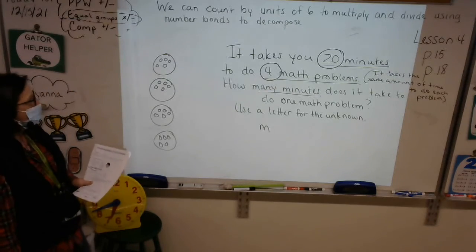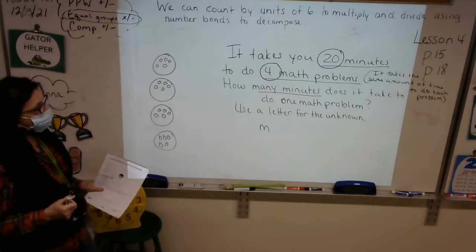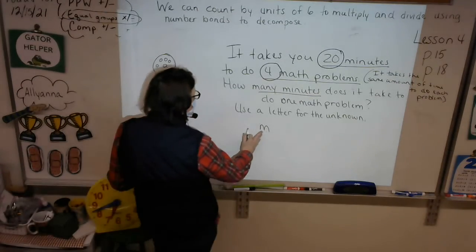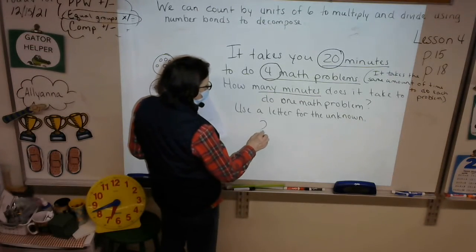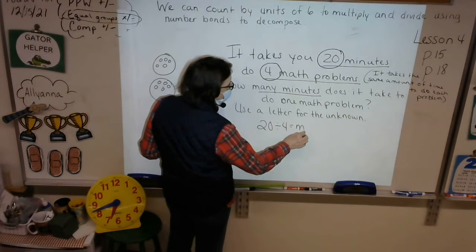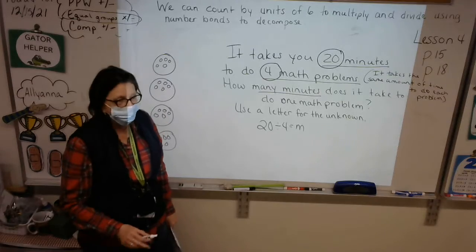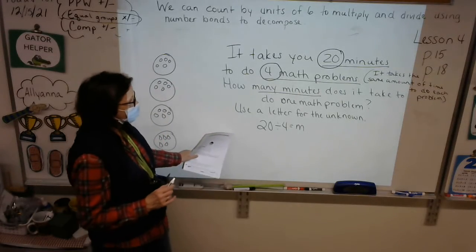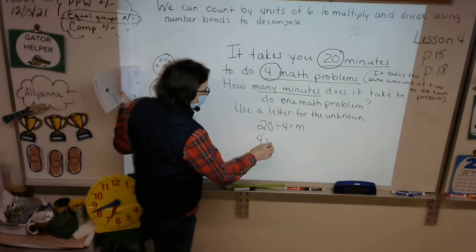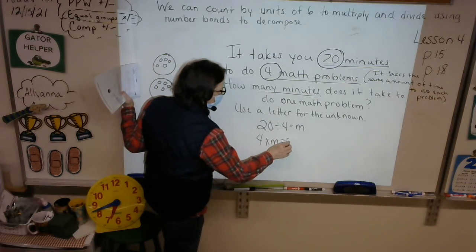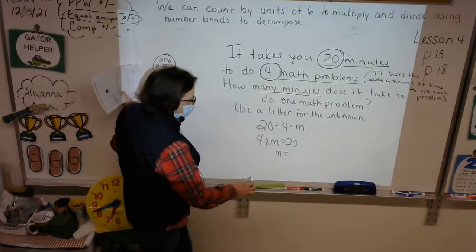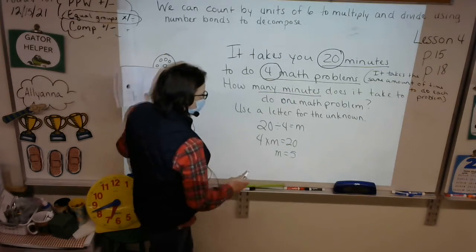So, I counted until I got to 20. I had 4 math problems. What would my number sentence be? My first number sentence would be 20 divided into 4 groups equals M. There's your unknown, boys and girls. And then my next number sentence would be 4 groups times M equals 20. What does M equal, class? M equals 5.